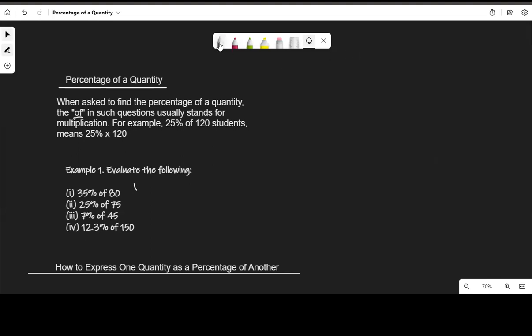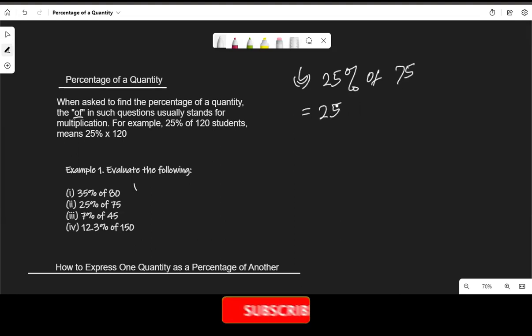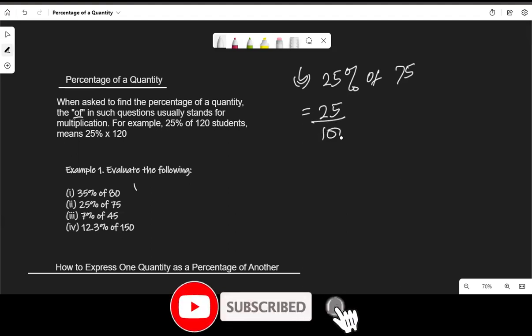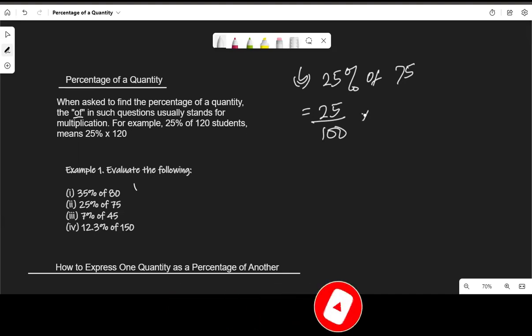Do the same thing for question B. For B, I have 25% of 75, which means 25% means out of 100, 25 over 100, and "of" means multiplication, times 75.